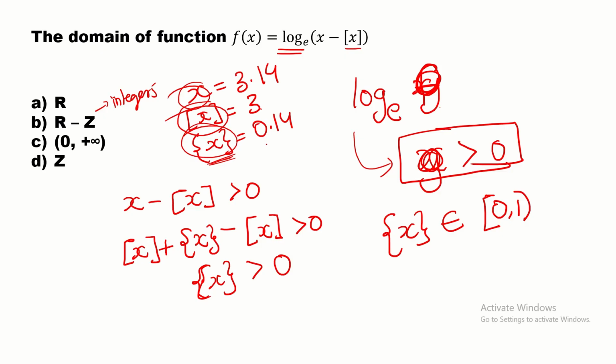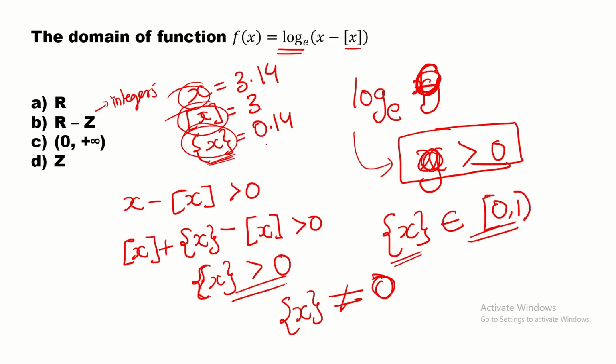So fractional part of x can take any value between 0 and 1, including 0. Now, the function is defined when this fractional part of x is greater than 0. So the only value which it cannot take is 0.